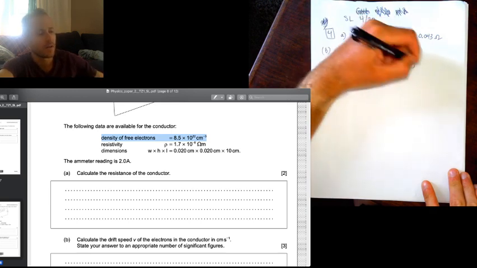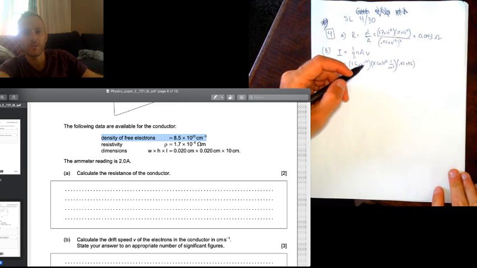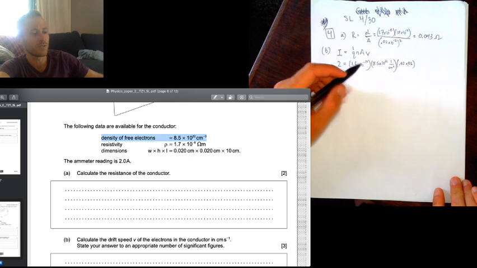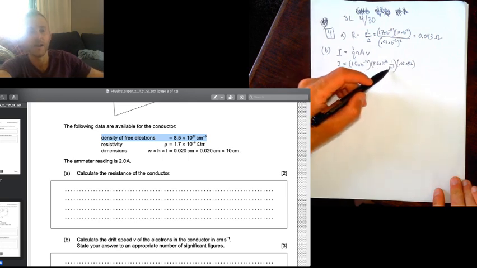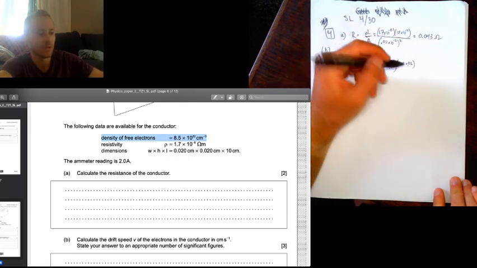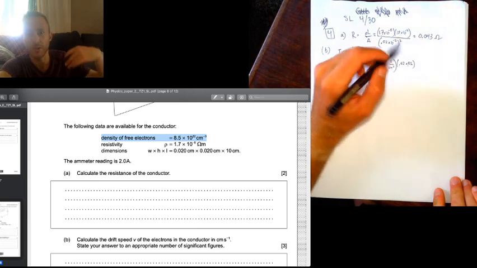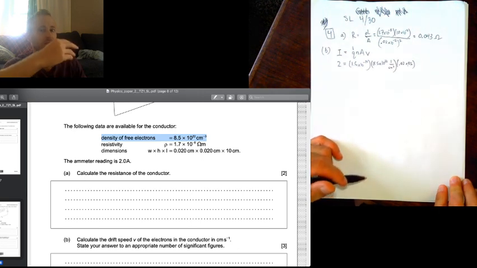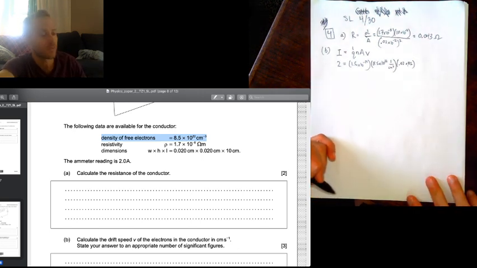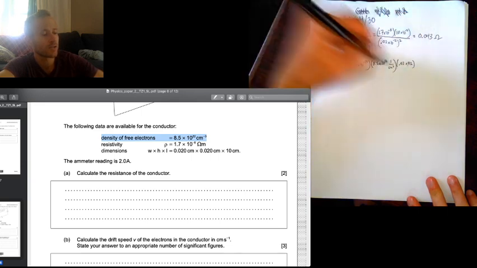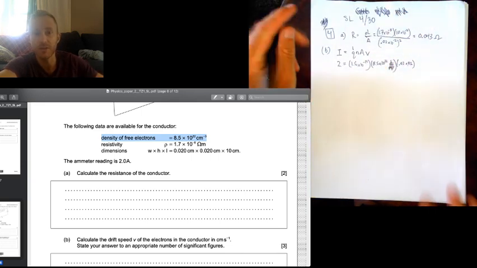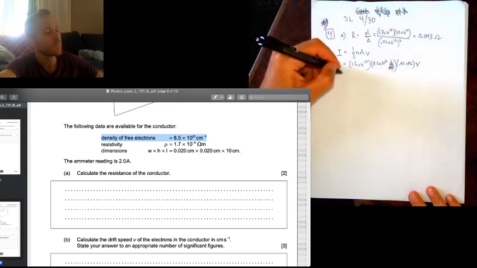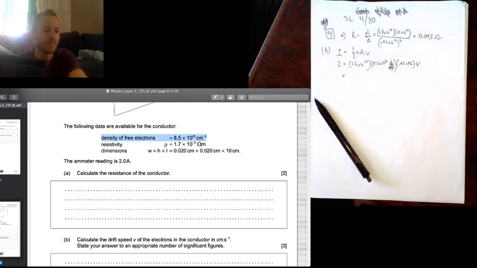Now, notice how the density of electrons is given in per cubic centimeter, and the dimensions are also given in centimeters. So if I just keep everything in centimeters, then I'm going to get the velocity in centimeters per second as opposed to meters per second. So I actually don't even have to worry about the fact that it's centimeters for this problem, times the velocity. So we can solve for the velocity.